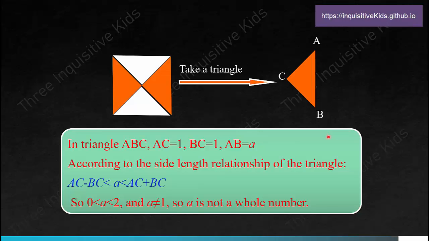According to the side length relationship of a triangle, the sum of any two sides of a triangle is greater than the third side, and the difference of any two sides is less than the third side. So AC minus BC is less than A, which is less than AC plus BC. So 0 is less than A, which is less than 2, and A is not equal to 1, so A isn't a whole number either.